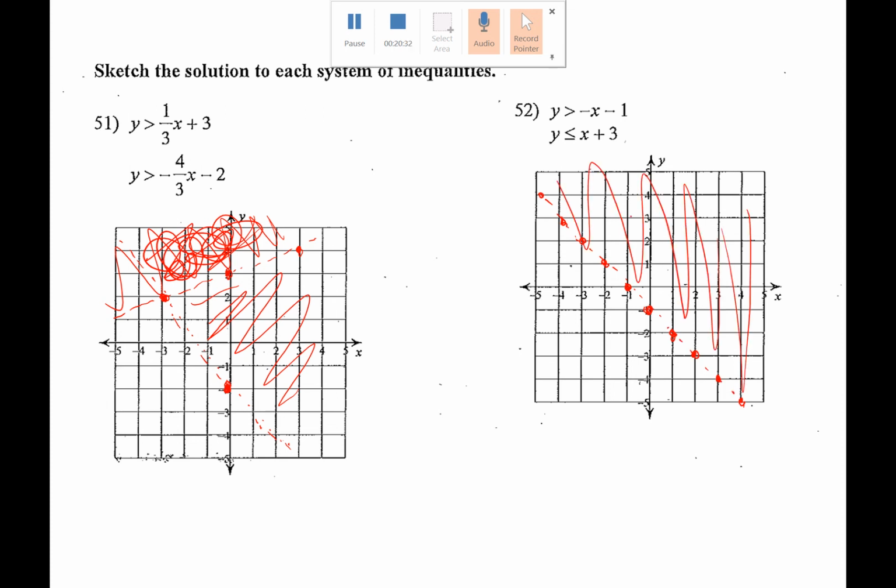The next one though, I'm going to go +3 for my y-intercept. And then I have a rise 1, run 1 again.